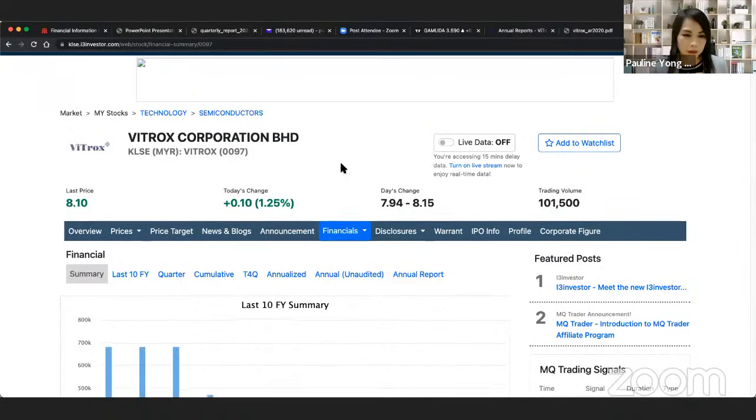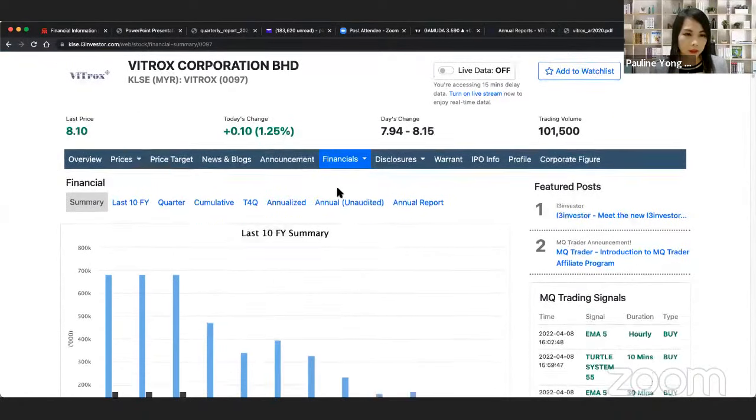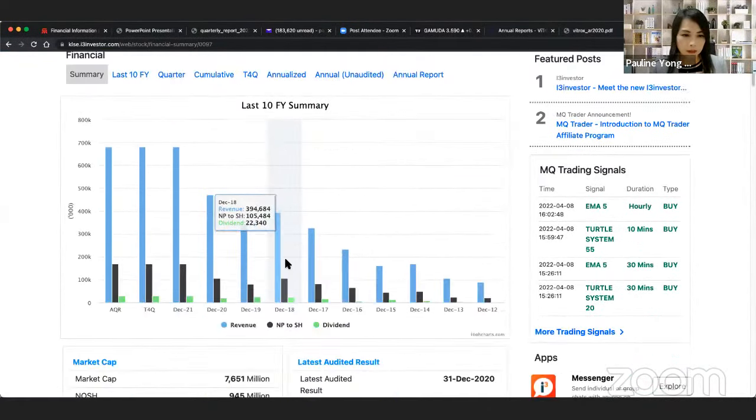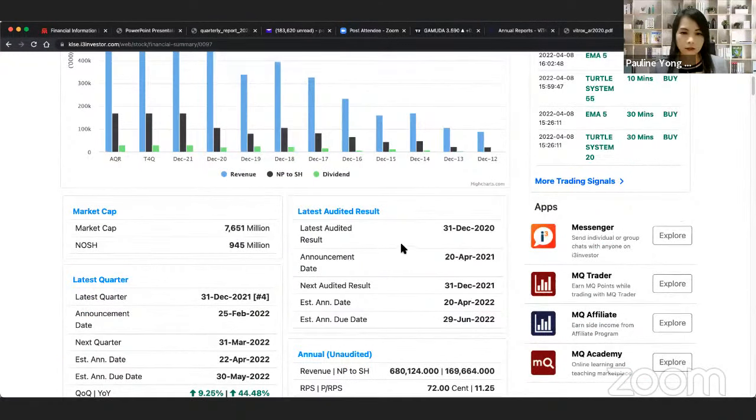So I will show the i3 Investor. Under the financial, you will see that the latest are out already. The latest quarter is 31st of December, which they announced on February 25th. The next announcement will be this month, on the 20th.